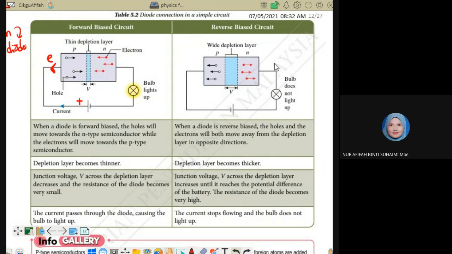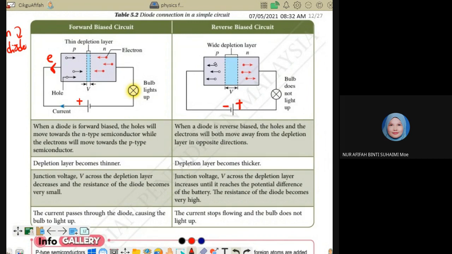And for reverse bias, opposite mana? Okay, when a diode is in reverse bias, the hole and the electron will both move away, so in opposite direction. If you look here, this one is positive, this one is negative. So you dah reverse bias.